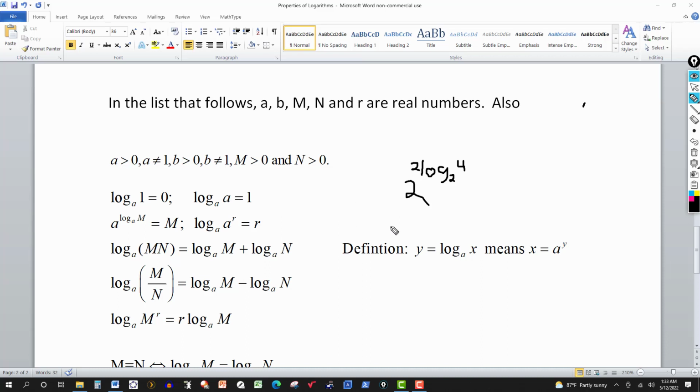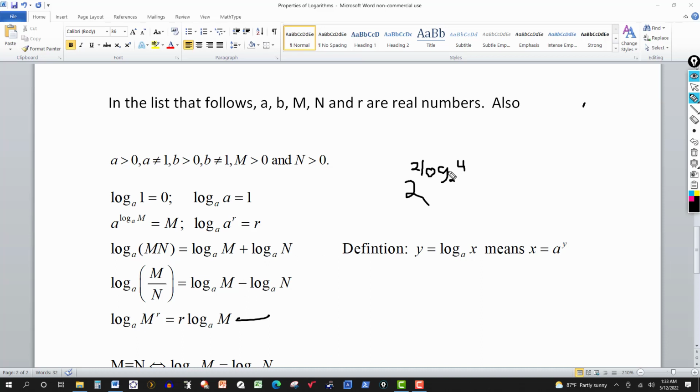In this case, you would have to use the property right here. It says if you have the log of some number m to the power r, and the base is a, you can take this exponent and make it a coefficient, and vice versa, going from right to left or left to right.